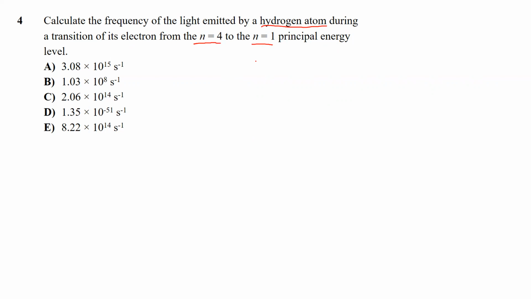We have the expression, so we know that hc over lambda, which is E, will be equal, for hydrogen atom, to minus 2.18 times 10 to the power minus 18, multiplied by 1 over n1 square minus 1 over n2 square, where n1 equal 4 is initial and n2 equal 1 is final.